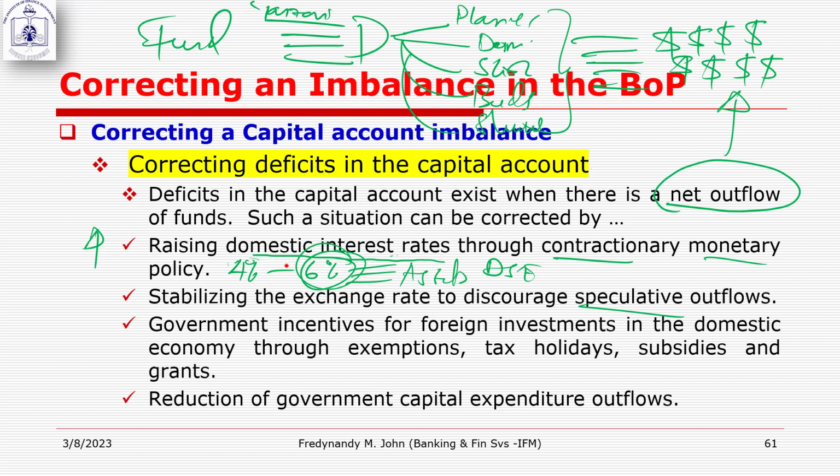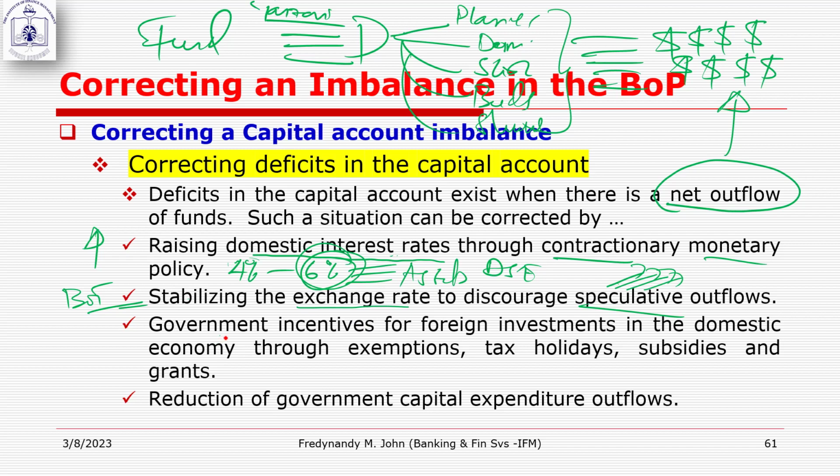So, if speculation plays against you, then you'll have capital flight, excessive funds outflow. So ensure that there is exchange rate stability. And that's the reason you see the central bank has this policy to ensure the stability of the exchange rate.